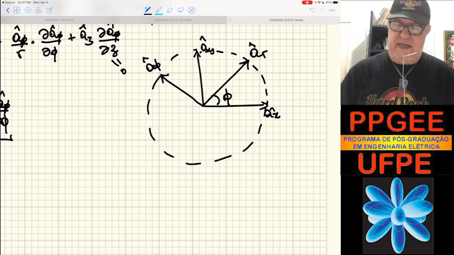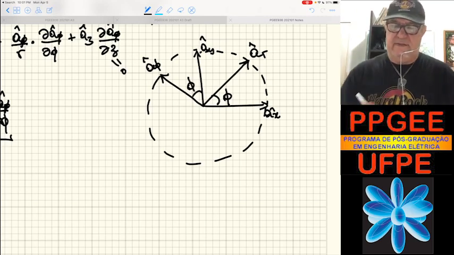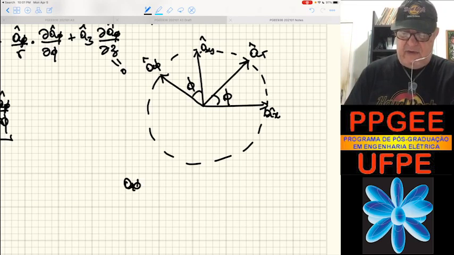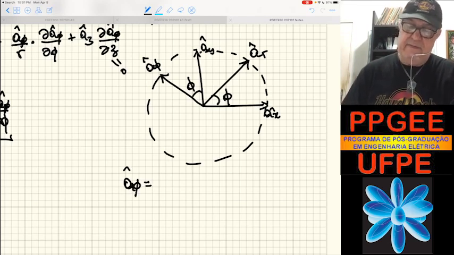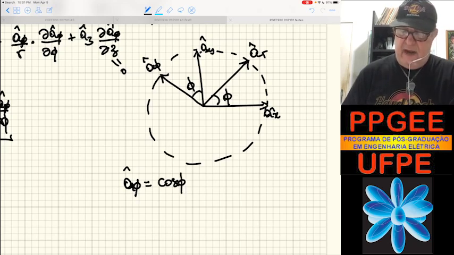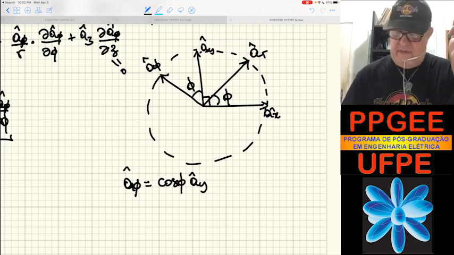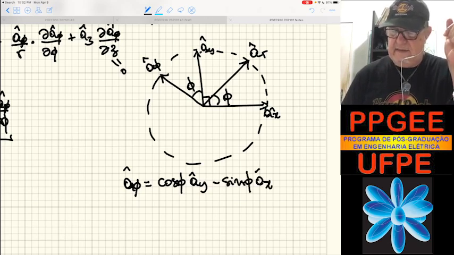So by construction, a phi equals cosine phi a y plus cosine of pi over 2 plus phi, which is minus sine phi, a x.